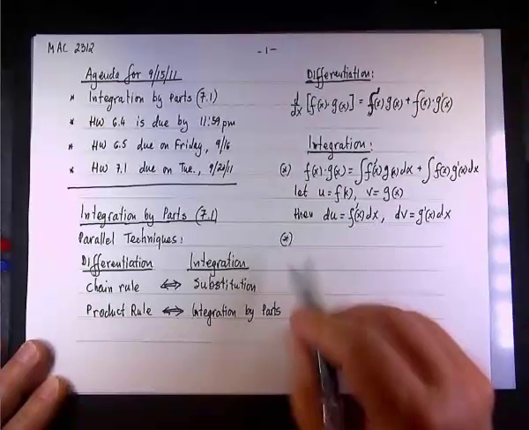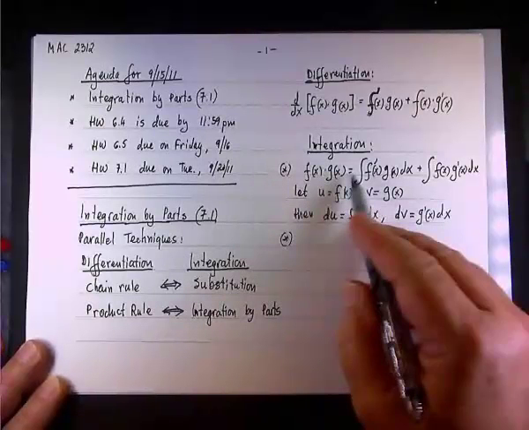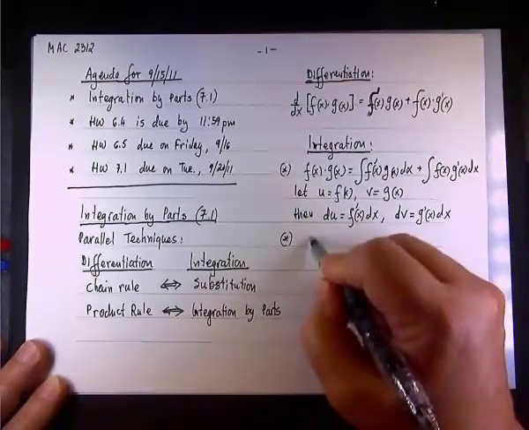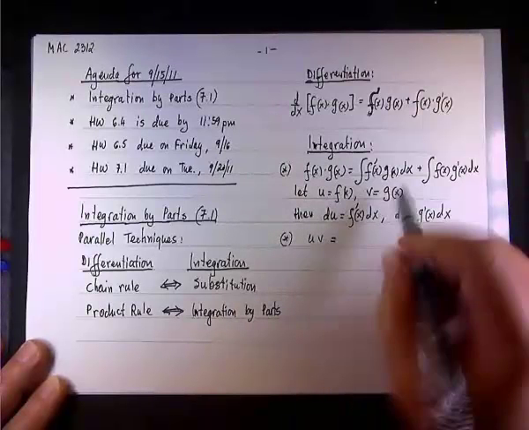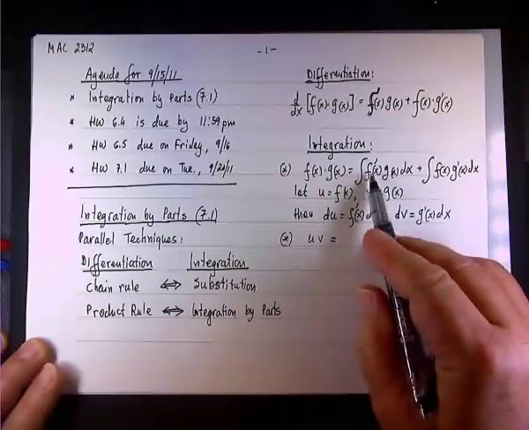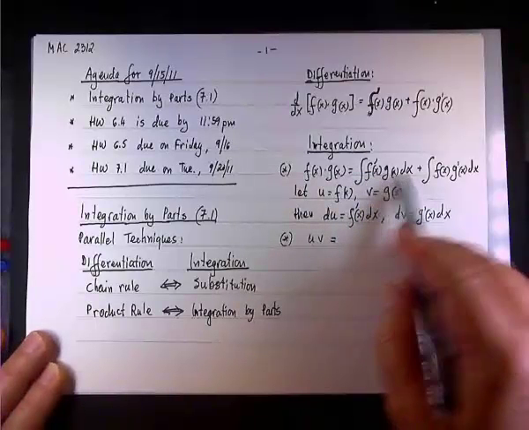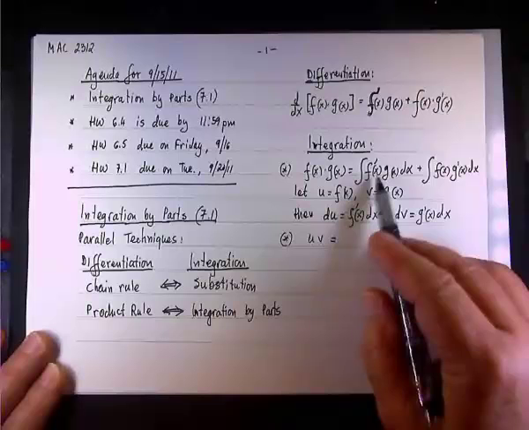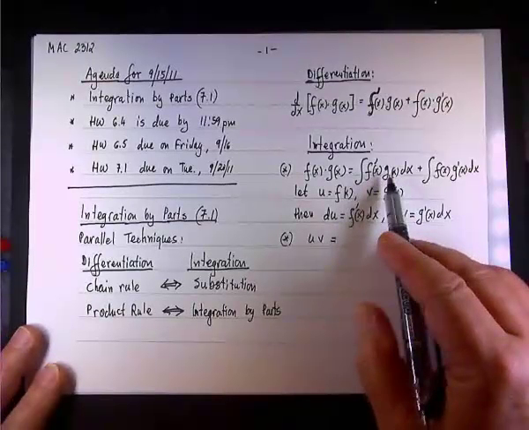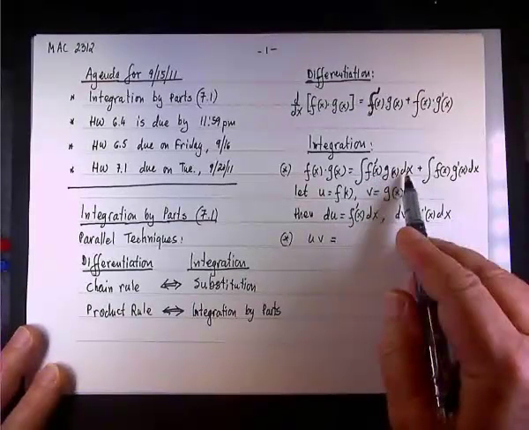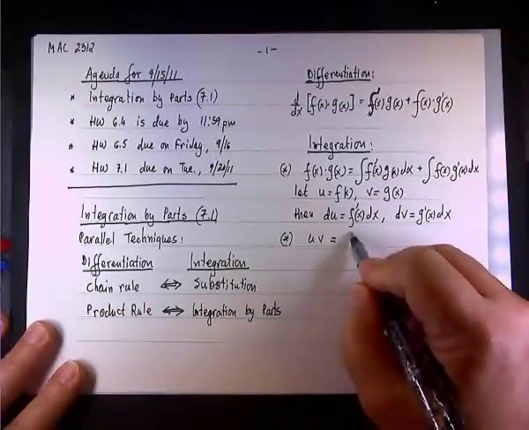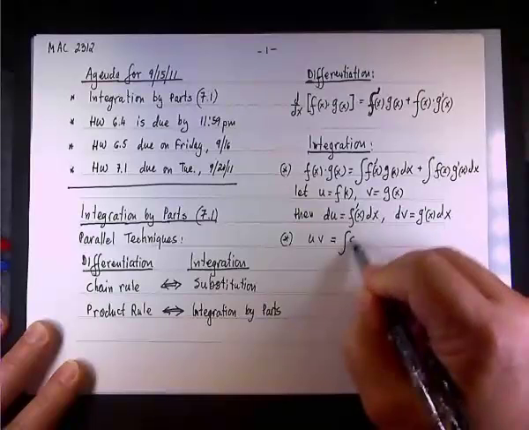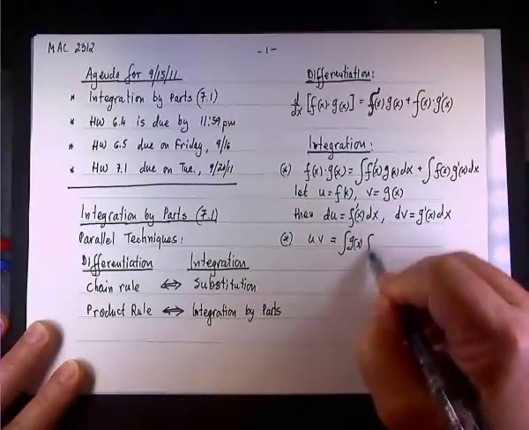So now, if this was the equation star, we can write this equation in the following form. Instead of f times g, we have u times v on the left side. And now, instead of the integral of f prime times g dx, by the commutative rule, we can write it as g times f prime dx, right?